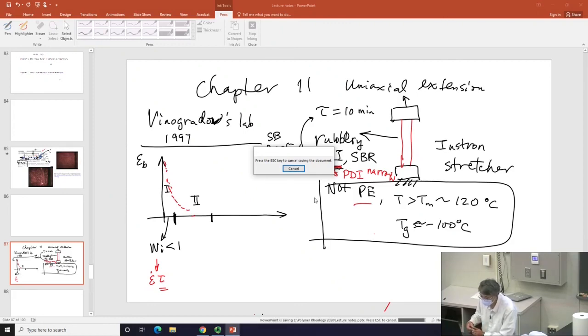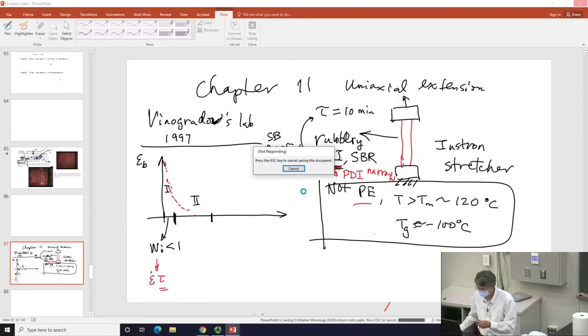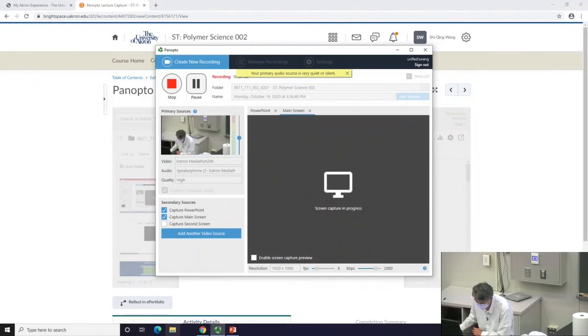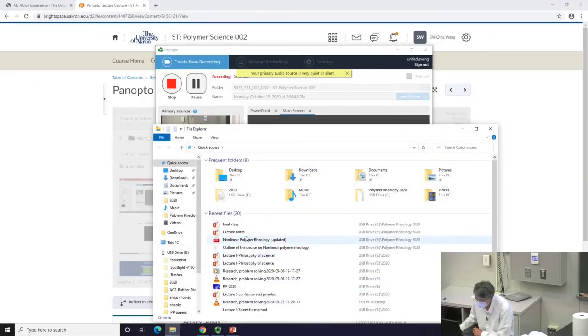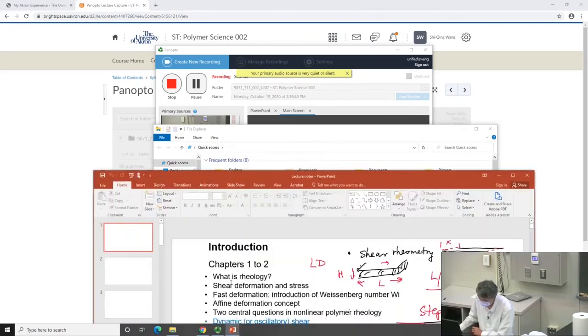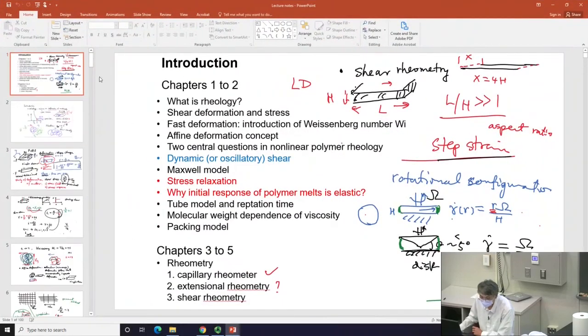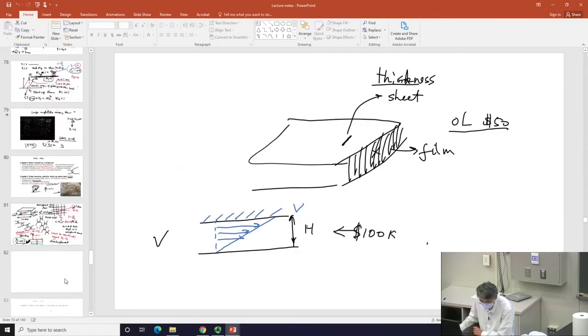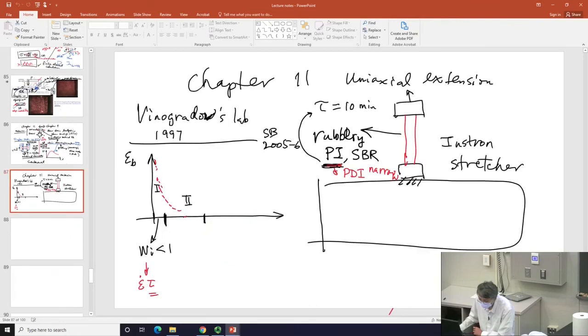The pen is not where the screw is. Once I save it, I have to reopen it. This should fix the problem. Okay.